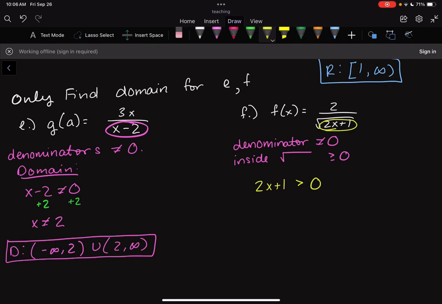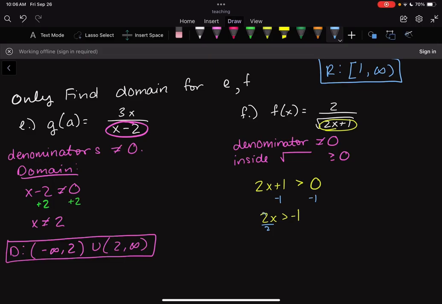So I'm saying that actually for this one, I need the inside of the root to always be greater than or equal to 0. But then also because it's in the denominator, I actually don't want it to be 0. So I'll just say greater than 0. And then we solve. So 2x has to be greater than -1.